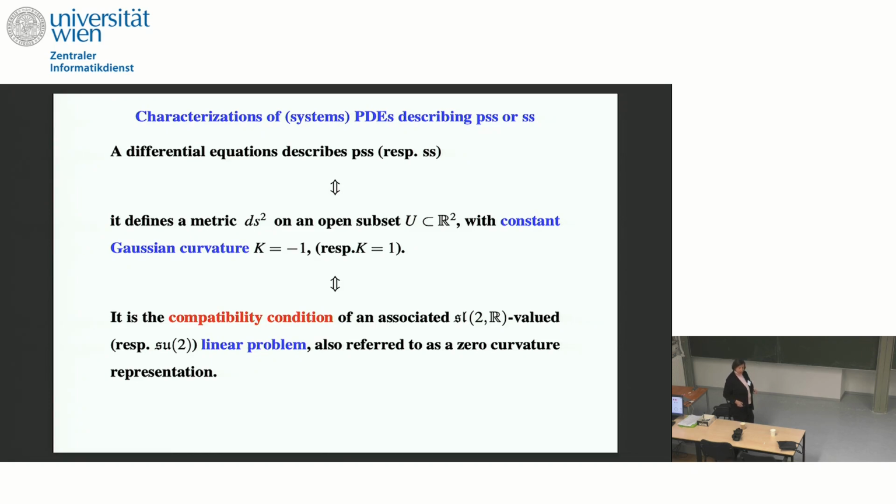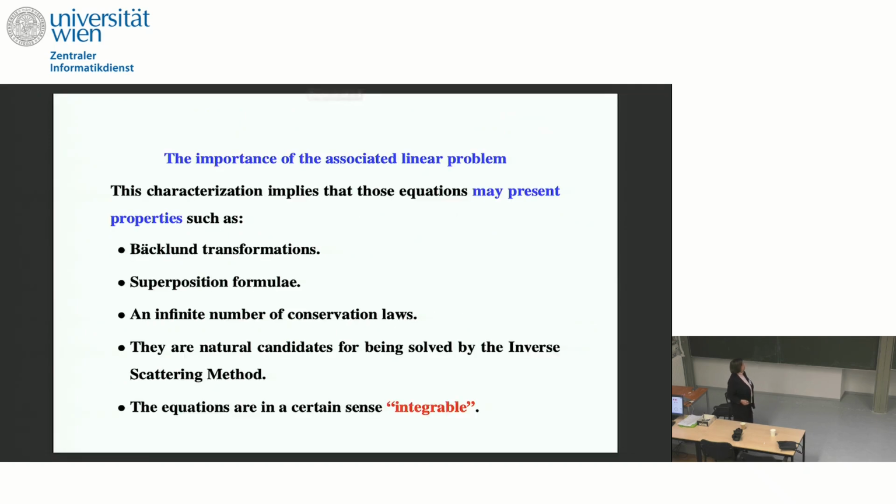And this is equivalent to saying that the differential equation is a compatibility condition of an SL(2,R) linear problem. This is sometimes called a zero curvature representation. But for me, I prefer to look at -1 because with -1, I know I am in a class of equivalent equations, let's say.